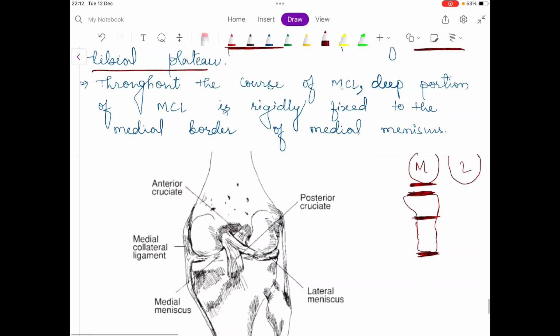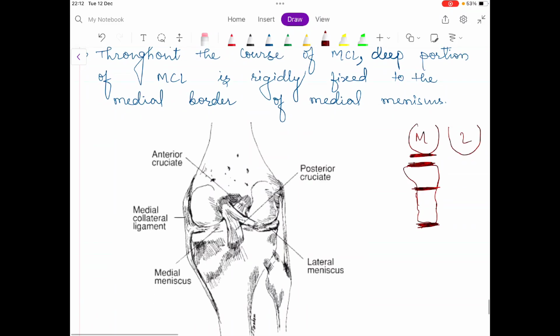Now let's talk about our next line. Throughout the course of the MCL, the deep portion of the MCL is rigidly fixed to the medial border of the medial meniscus.